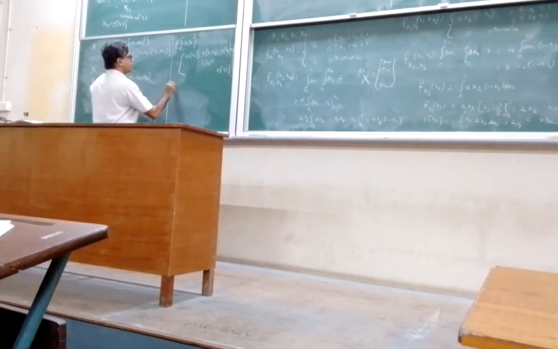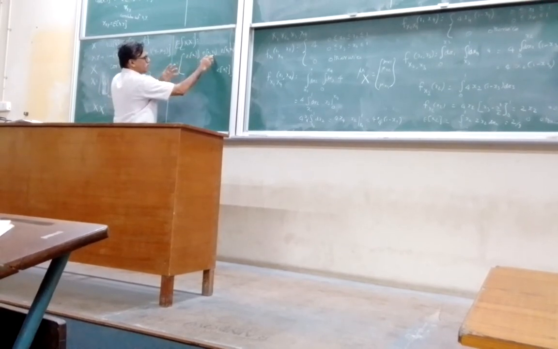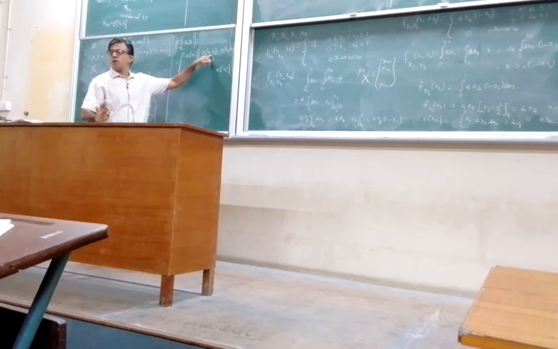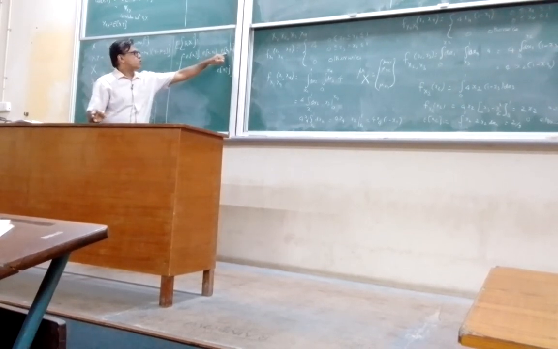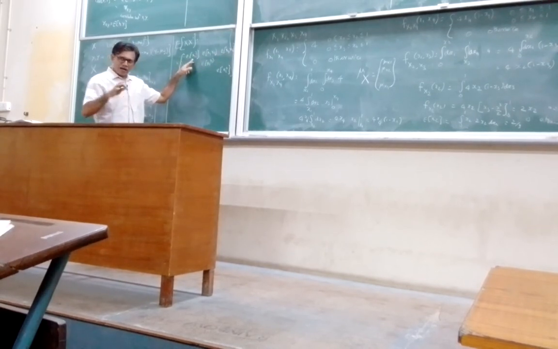So what you will get is, what is this one? This is the correlation between x1 and x2, x1 and x3. You can call it the correlation between x1 and x2, which for the diagonal is nothing but the second moment.